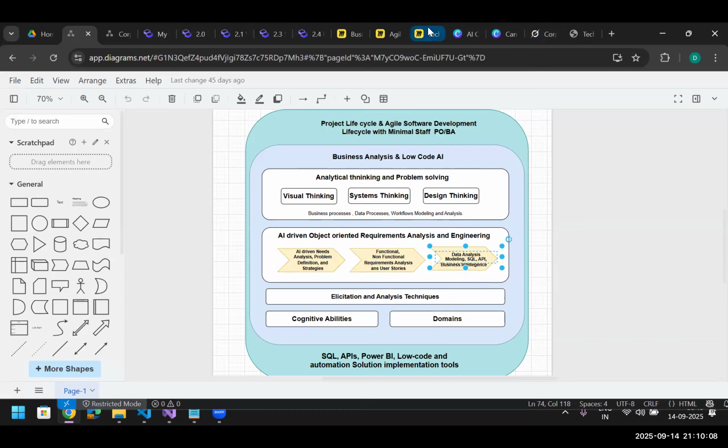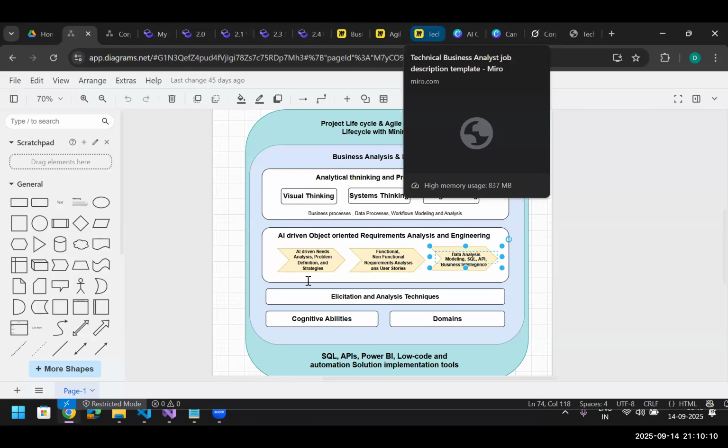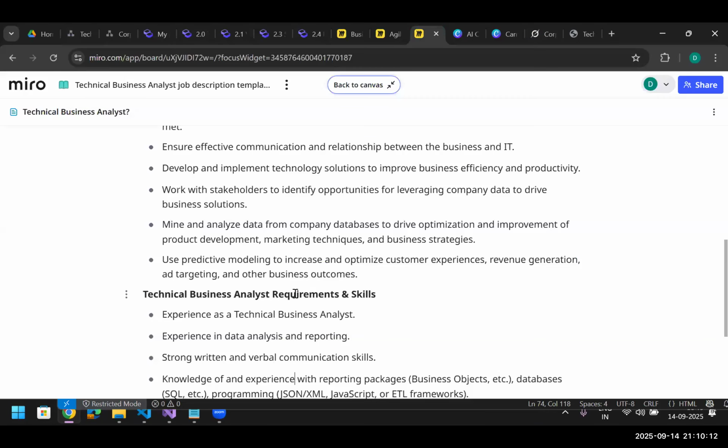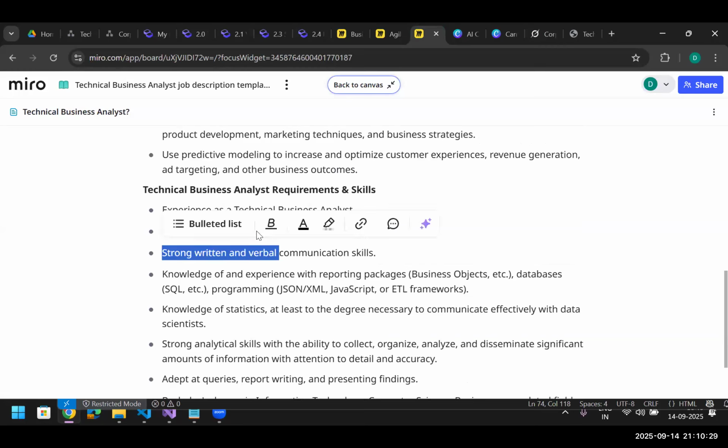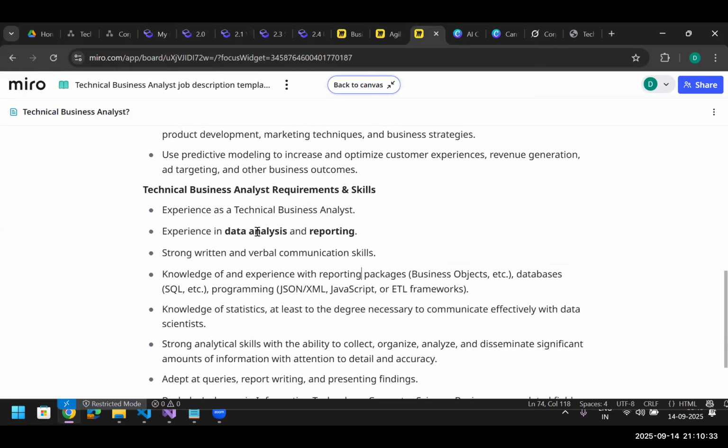Coming to the point of experience as a technical business analyst, the required skills are data analysis and reporting. This is what I was talking about, because it is an evolved role. Reporting in terms of dashboards or whatever it is. And communication skills, formal or informal, whatever it is, communication skills are underlying. And knowing SQL, yes, that is a part of our training.